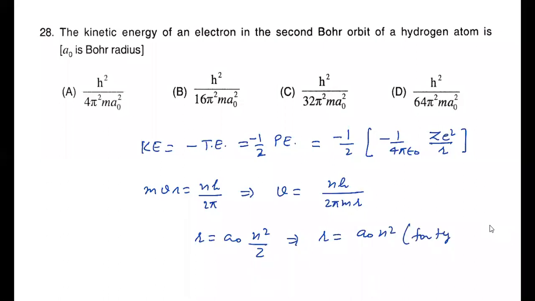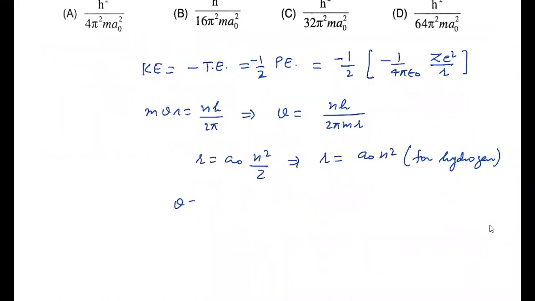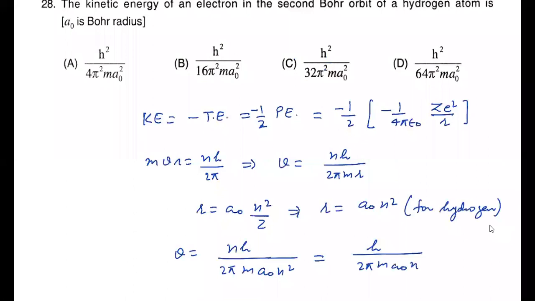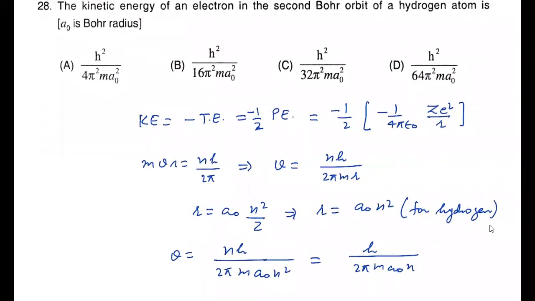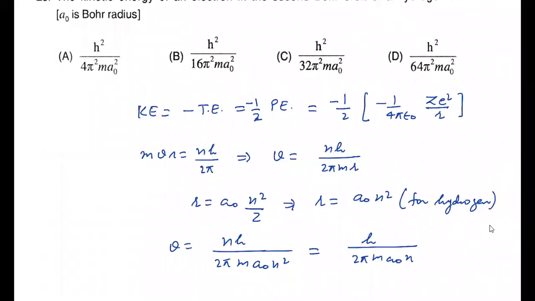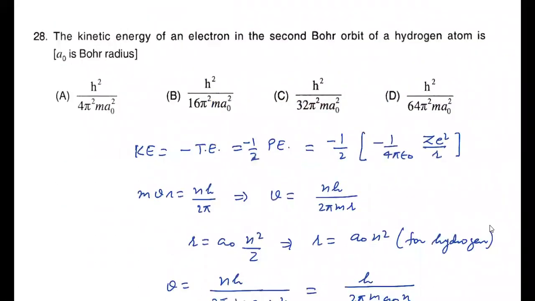If you substitute this in the above formula, the velocity will be nh upon 2 pi m into a naught n square, which is the same as h upon 2 pi m a naught n.